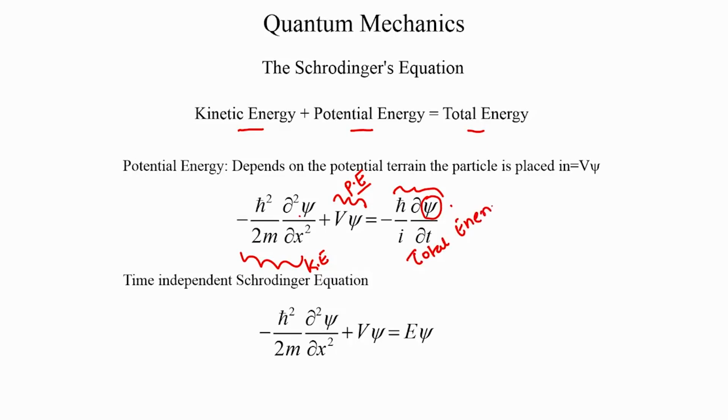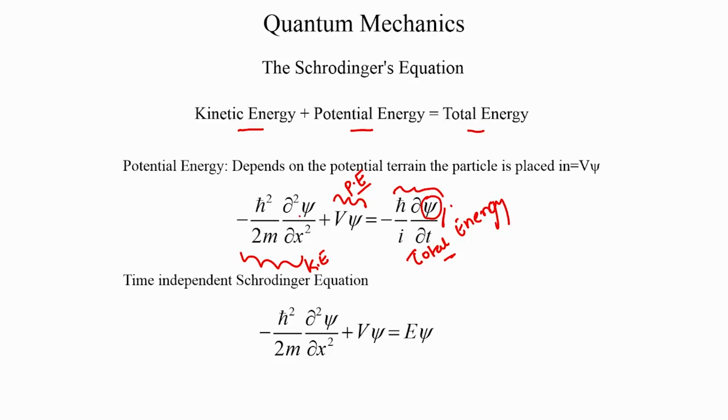Now in this definition we find that this is a time dependent Schrodinger's equation, because the total energy has a derivative of the wave function with respect to time. But it is also possible to study the time independent Schrodinger's equation.